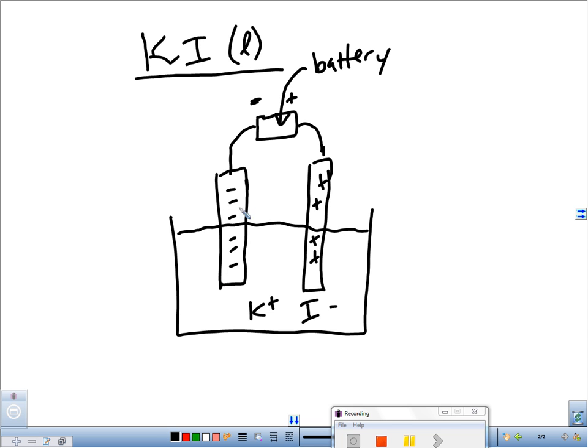Which one of these ions is going to be attracted to that negative electrode? Potassium. They're going to go there. And the potassium plus one electron is going to make potassium metal.